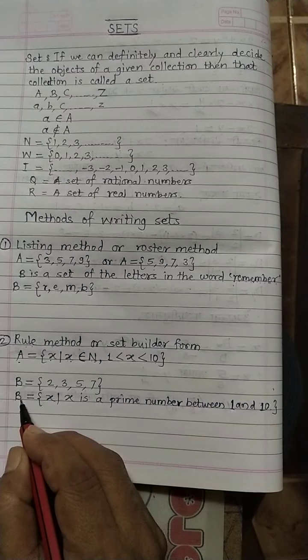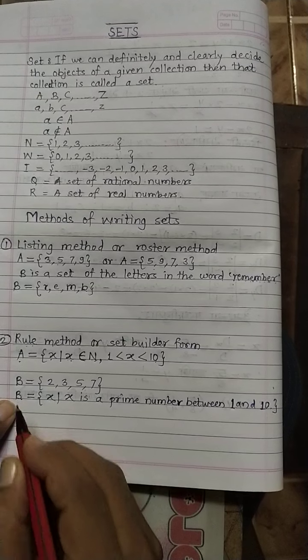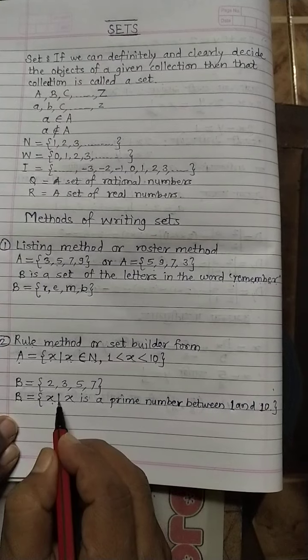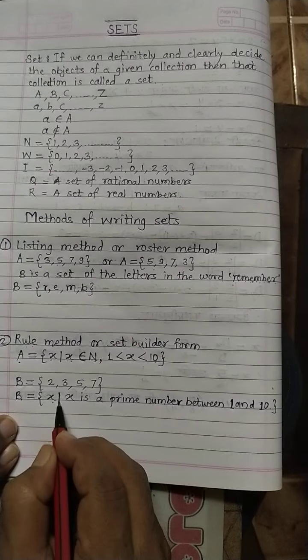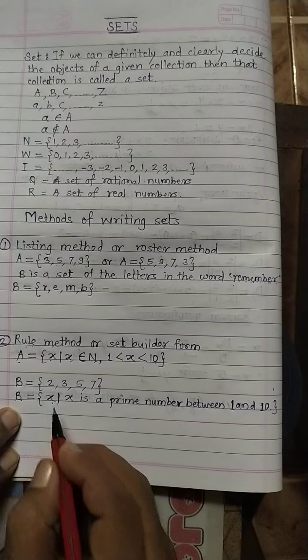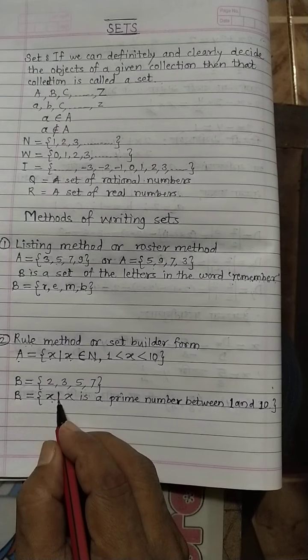Set B is the set of all x such that, this vertical line or colon is sometimes called such that.